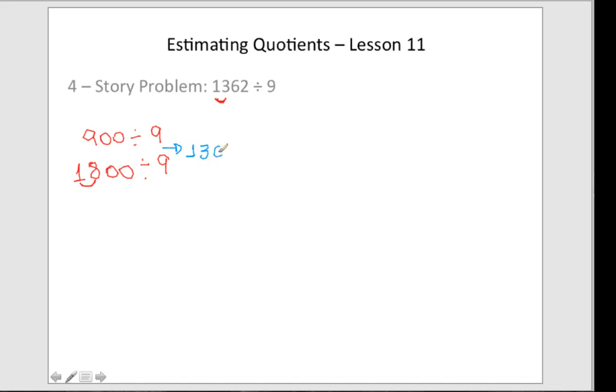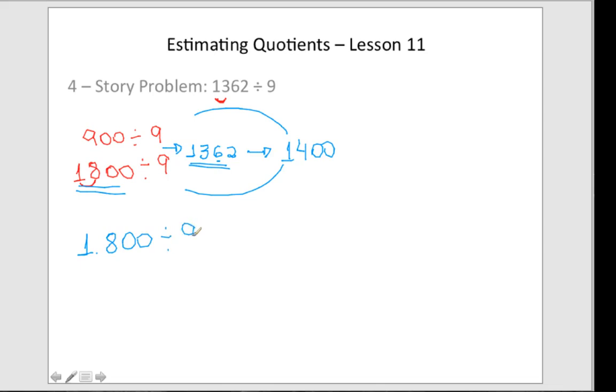So, which one should I use? Ta-da! The first time that I saw this, I made a mistake because I didn't notice 6. So if I round here, it will be closer to 1,400. 14, is it closer to 9 or 18? It is closer to 18, so I will choose 1,800 divided by 9.